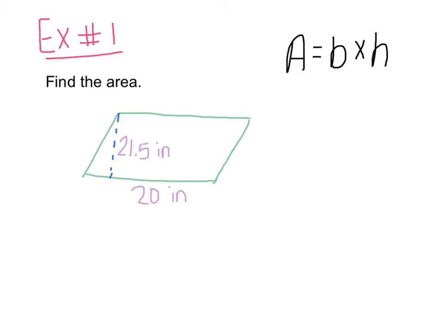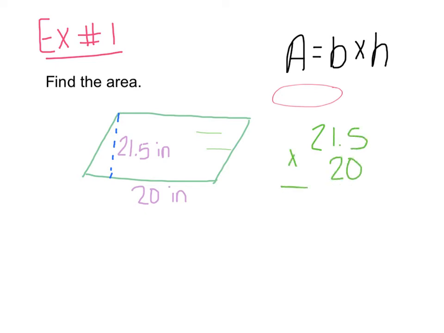Example 1, find the area. So here's our formula. A equals base times height. Area equals base times height, which remember I said it's just like doing length times width. So here is our height and here's our base. Let's just multiply those together. 21 and 5/10 times 20.